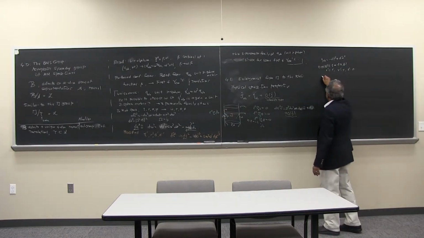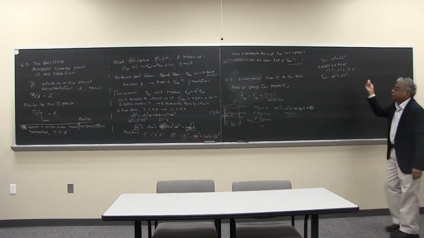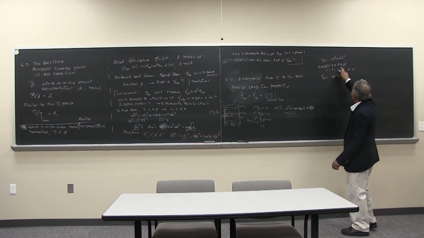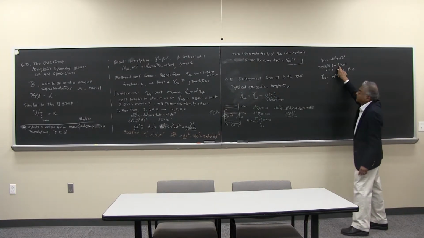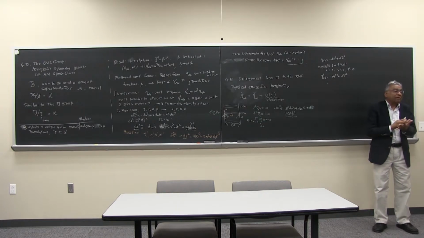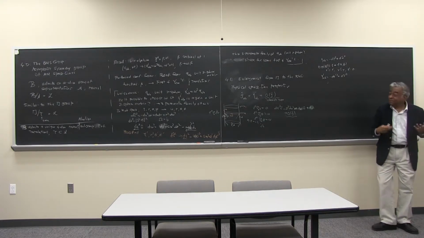Then again, we'll have a new metric, eta prime AB, which is minus dt prime squared plus dx prime squared plus dy prime squared plus dz prime squared. I'll get the new metric. The statement is that you can just substitute here and check. It just has to do with the relation between the angular derivatives, d by d theta, d by d phi, and derivatives in the Cartesian coordinates, d by dx, d by dy, d by dz, d by dt.